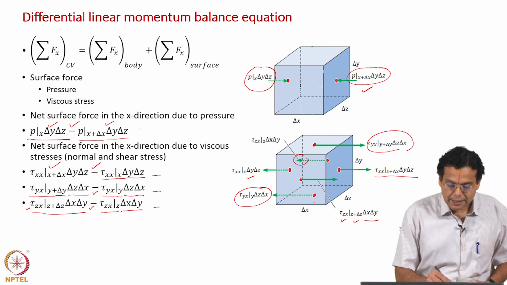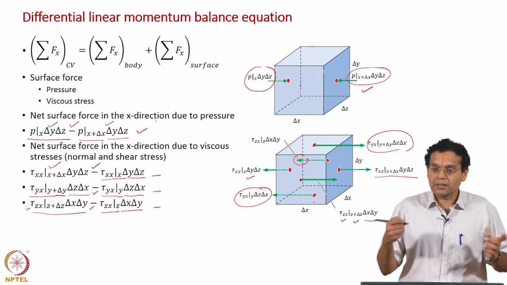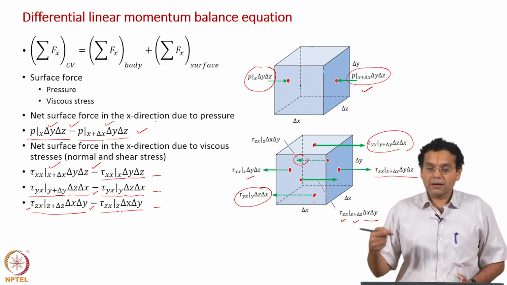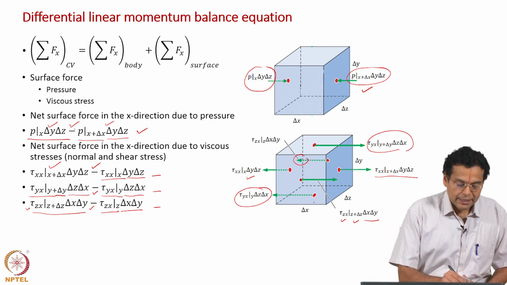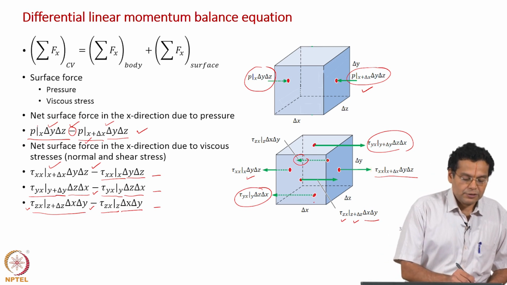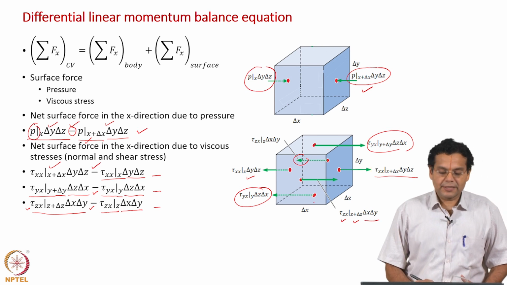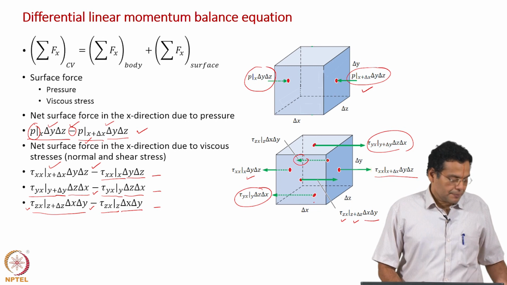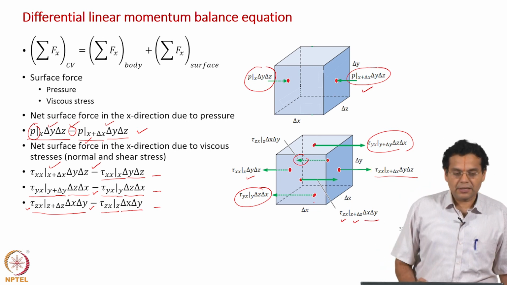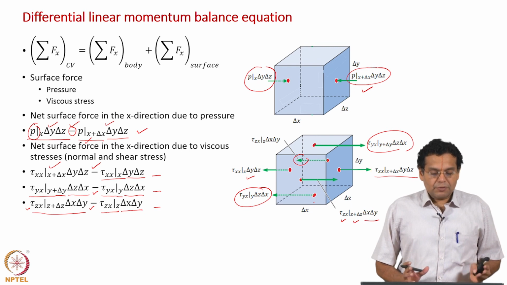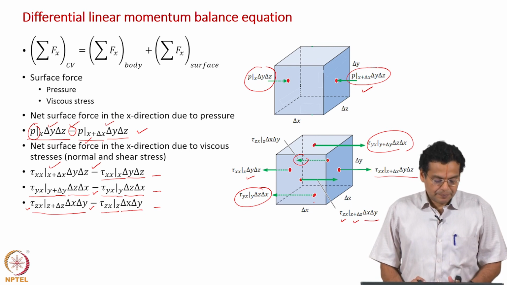If you look at pressure, because it is compressive and because it is on the positive face acting along negative direction, you have minus sign associated with the pressure at x plus delta x. So, it is opposite to what we have here, and of course pressure at the x face is along the positive axis, and that is why we have P evaluated x and that has a positive sign associated with that. Okay. So, now we have written down expression in one way.